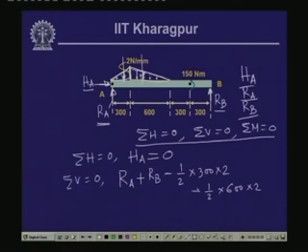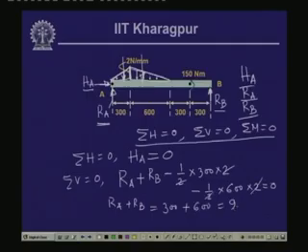So, this is negative, and the sum equals 0. This gives us R A plus R B equals, the 2 gets cancelled, 300 plus, the 2 gets cancelled, 600. So, this is 900 Newton. So, this is equation 1.